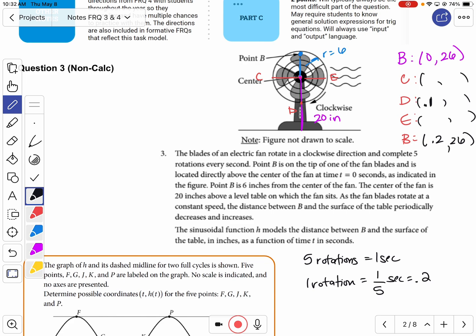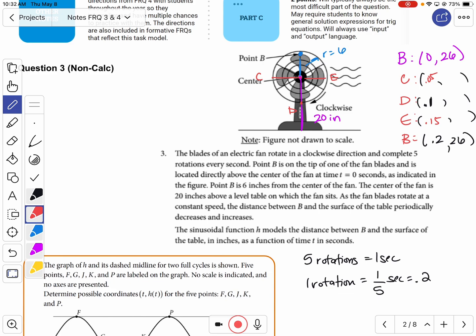Okay, because we're doing them in halves. What would be halfway between 0 and 0.1? 0.05. Okay. And what would be halfway between 0.1 and 0.2? 0.15. Okay, so we're doing our halves. That's how I'm going to get my x coordinates.